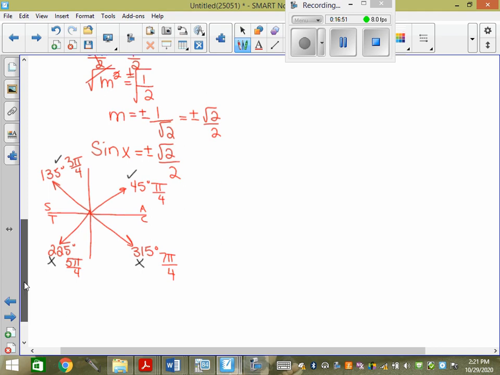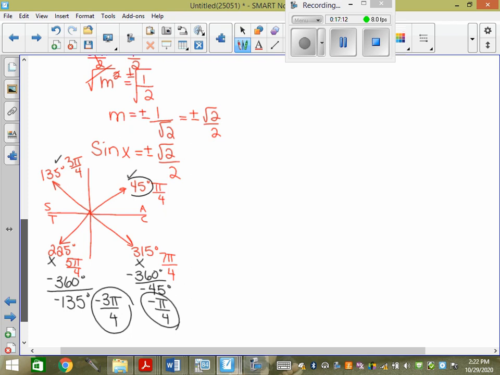So if I go 225 minus 360, I'm going to get negative 135, which is negative 3π/4, and that one fits. If I go 315 minus 360, I get negative 45, which is negative π/4, which fits. So this one will fit, this one will fit, and so do these two.